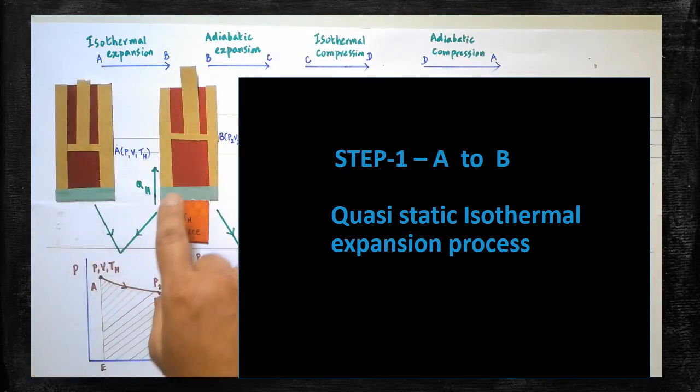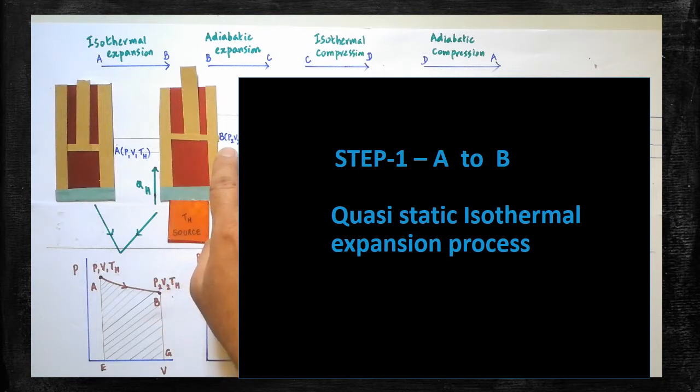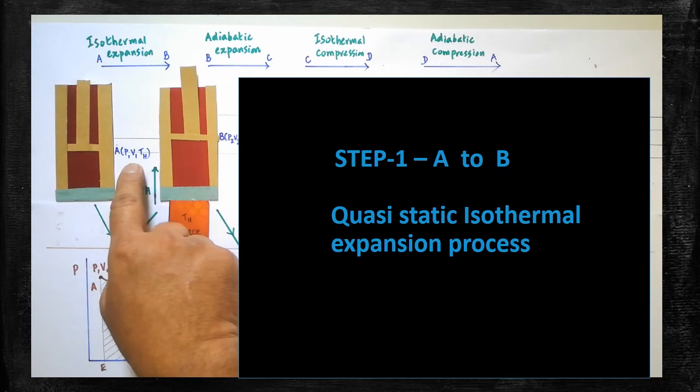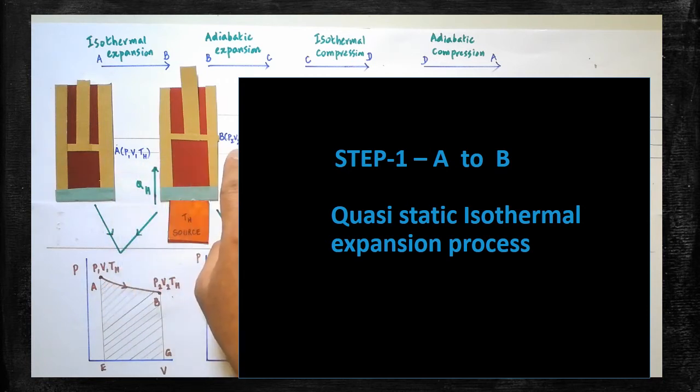So here the pressure decreases from P1 to P2. Volume increases from V1 to V2. Since it is isothermal expansion, the same temperature must be maintained. Because of expansion, initially temperature will go down.